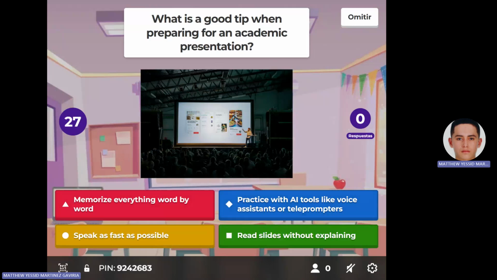This is important because AI can use this voice for practicing presentations, improving pronunciation, pacing, and confidence. So the correct answer is B: practice with AI tools like a voice assistant or Telegram.